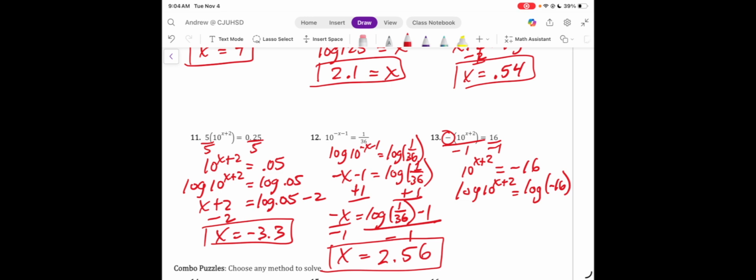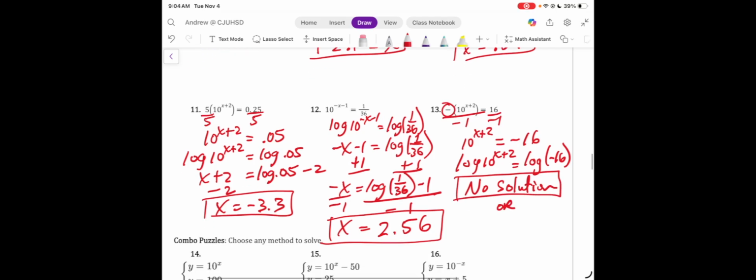It's undefined. You cannot put a negative number into a log. Therefore, this has no solution. Or in other words, the solution is the empty set. So here's another way to say it. X belongs to nothing.